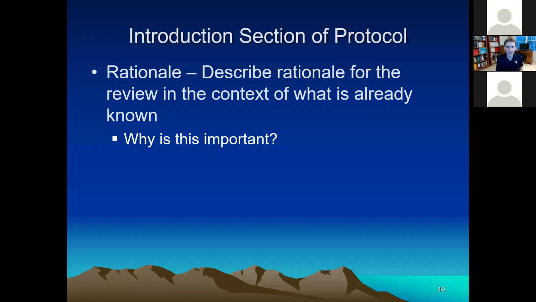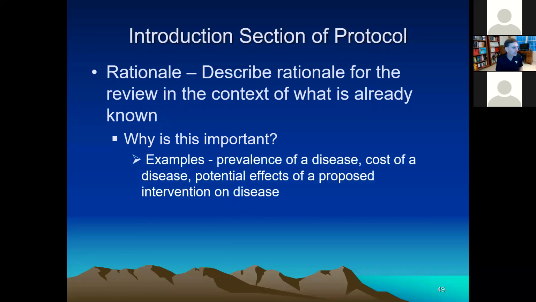Another question to ask, oh, here's an example. So why is it important? Things like this: the prevalence of the disease, the cost of a disease, the potential effects of a proposed intervention on disease, or why is this association between movement skills and certain types of learning?